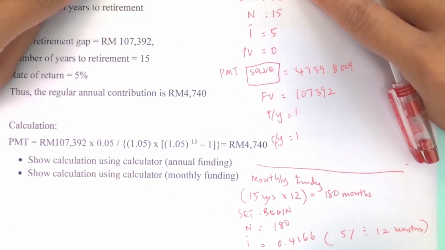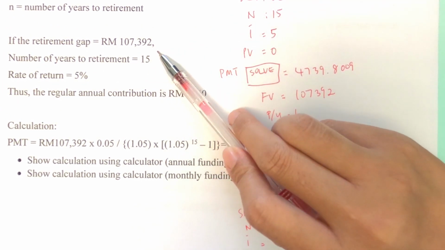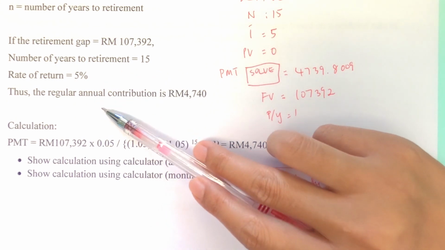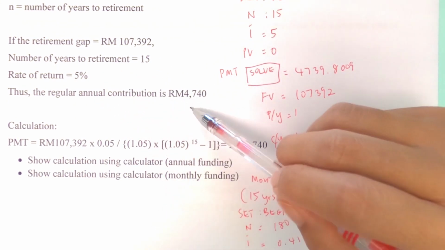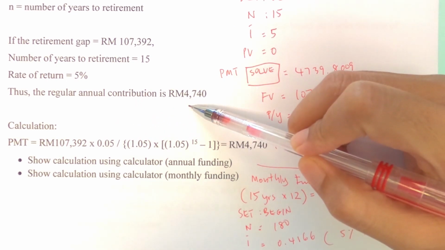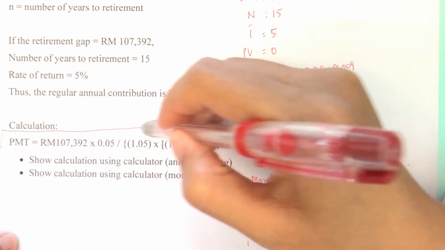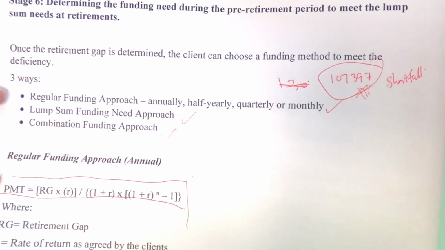In our case, the retirement gap is 107,392. The number of years to retirement is 15. The rate of return is 5%. Therefore, the regular annual contribution is 4,740, by using the formula that has been given to you here.